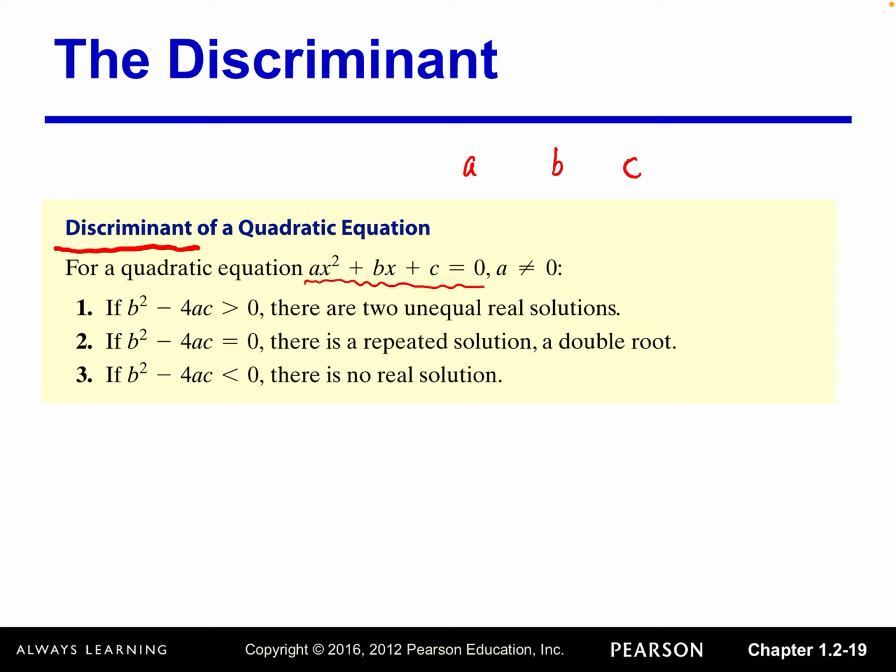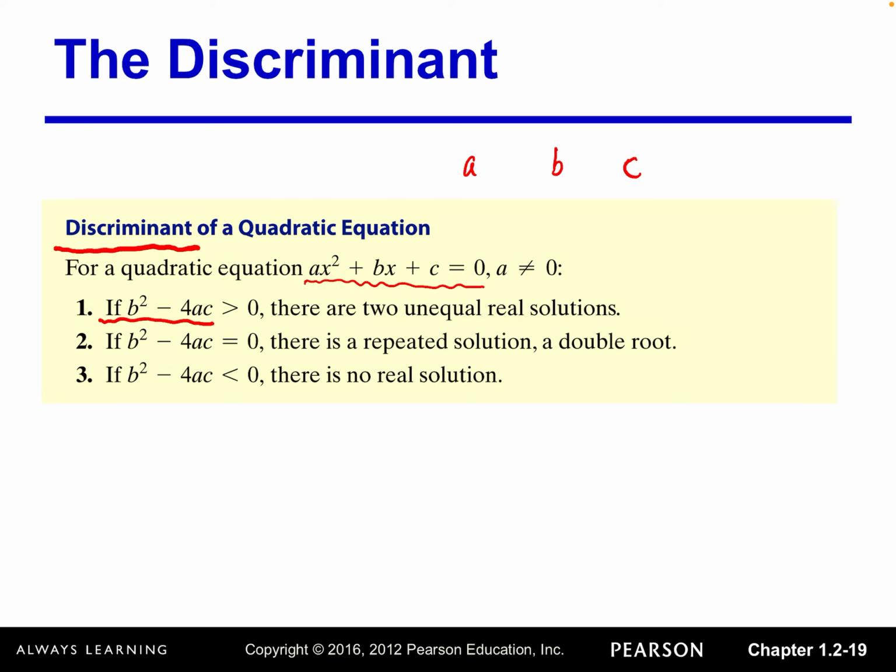Be careful, a, b, c are just numerical values. They don't contain variables, they're only constants. Then we can evaluate b squared minus 4ac, and based on the value of the discriminant, we can determine what kind of solution we're going to get.